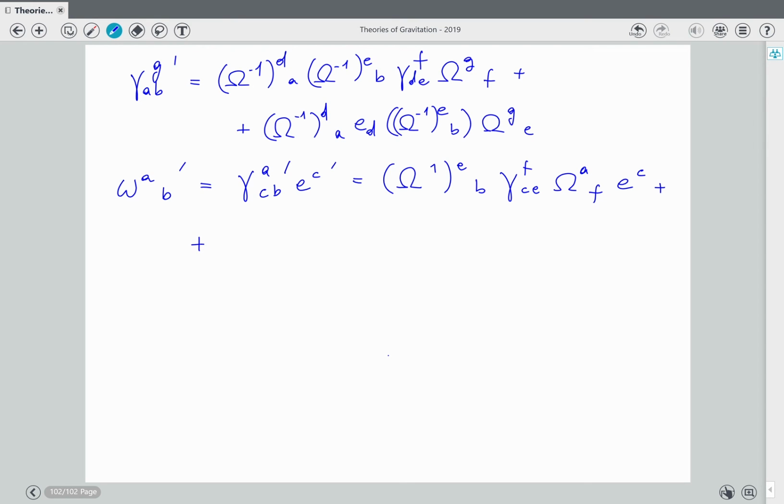Plus, this disappears, so you have again the form C, omega minus 1 E B, omega G E, A E E C. So, omega minus 1 E B D E F A F, plus E D, yes, yes.